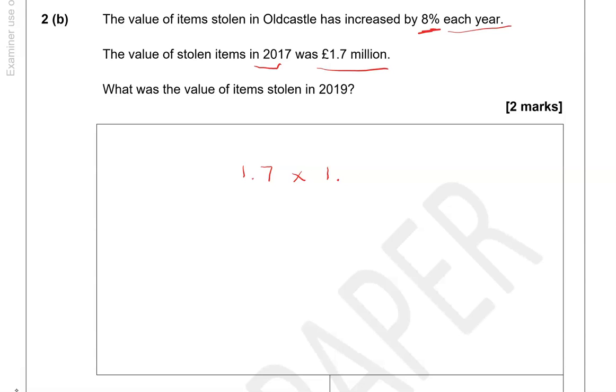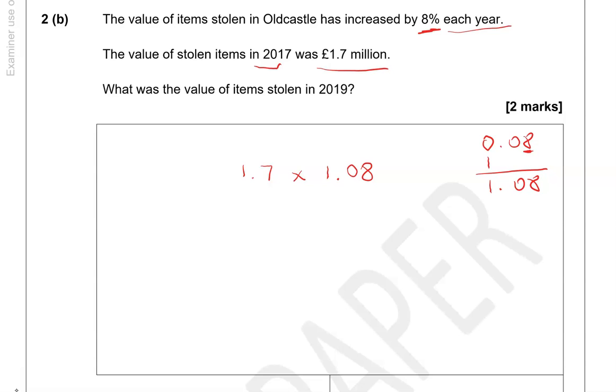So if you add 0.08 to 1, that is 1.08. That's how we write the 8% on top of the 100%.